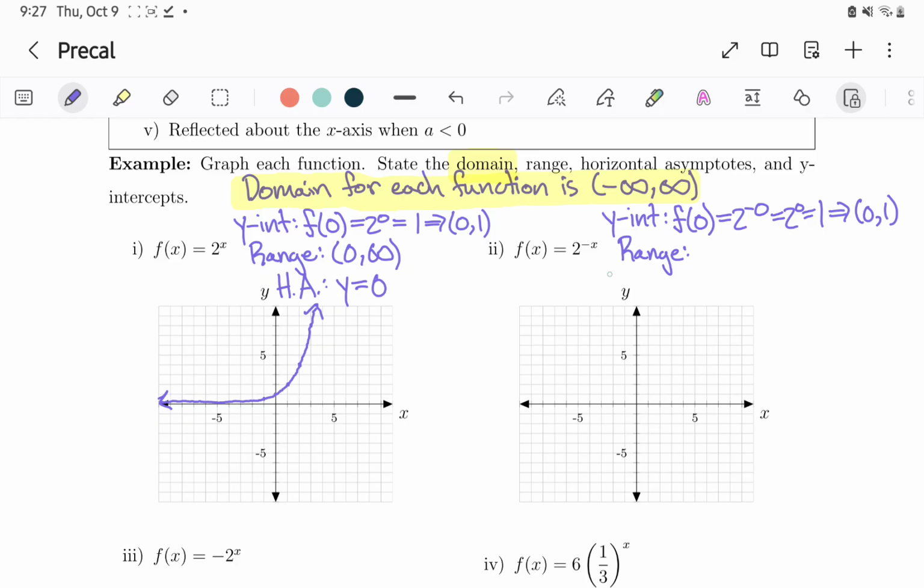And then for the left endpoint, as x gets very, very large here, we will have that f of x is tending to 0. So the range is going to be from 0 to infinity.